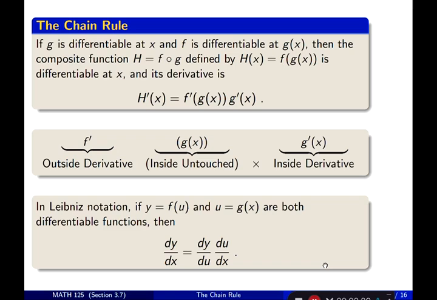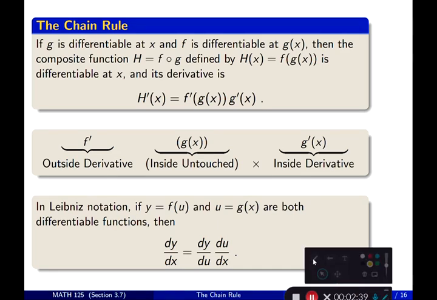Another way of writing it, and this is very important in understanding a lot of material that comes later, is the Leibniz notation. You saw that in the Albert's example also. So if y is equal to f of u, and u is g of x, then the derivative of y with respect to x is equal to the derivative of y with respect to u times the derivative of u with respect to x.